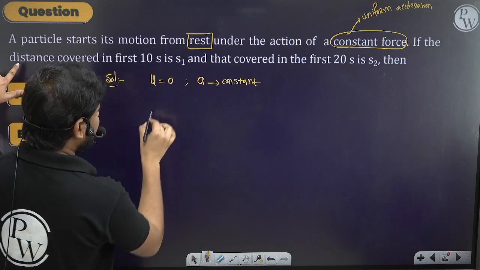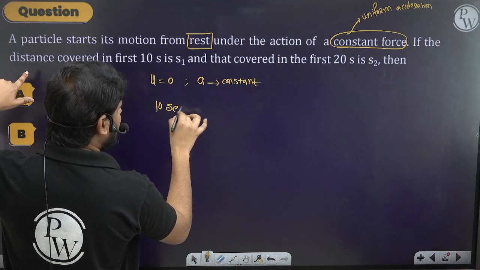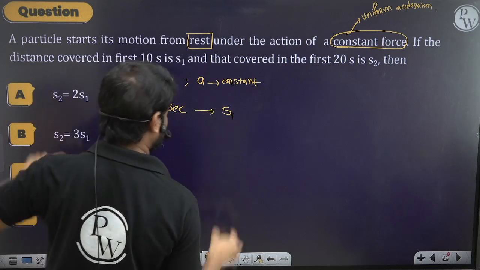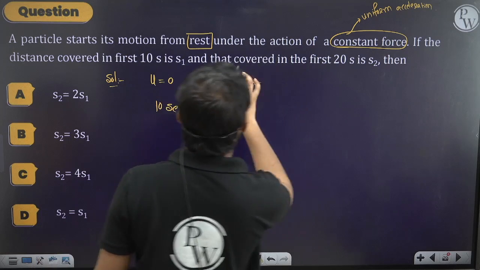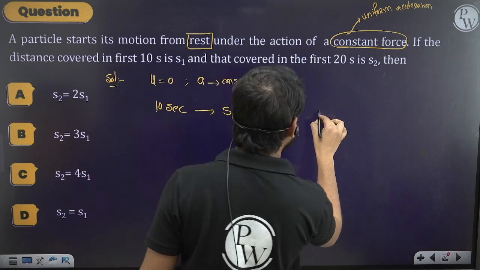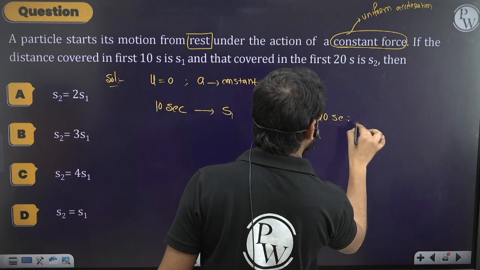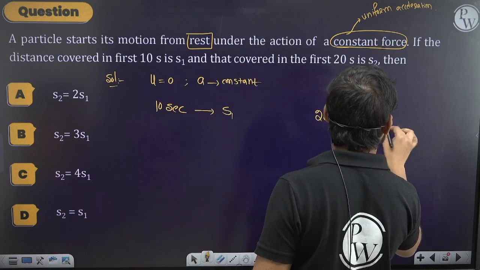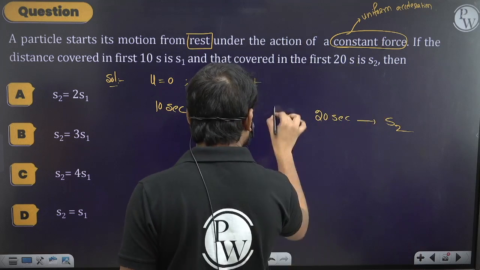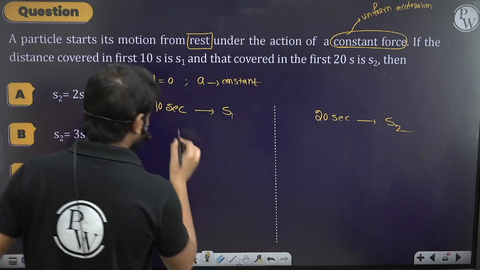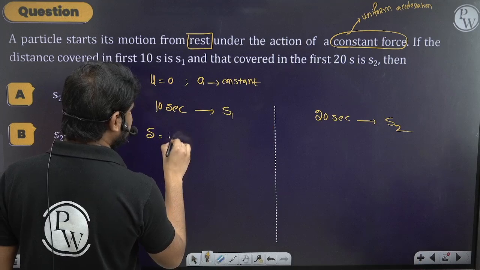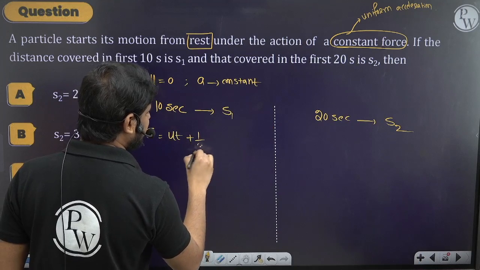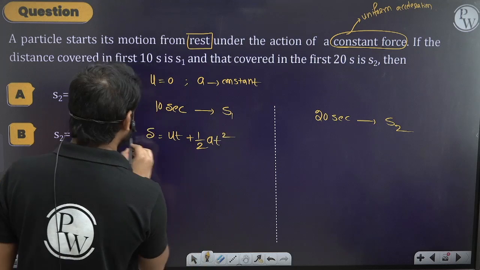In the first 10 seconds the body covers distance s1, let it be, and in the first 20 seconds the body covers a distance s2. So let's solve this. I am taking s is equal to ut plus half a t square.